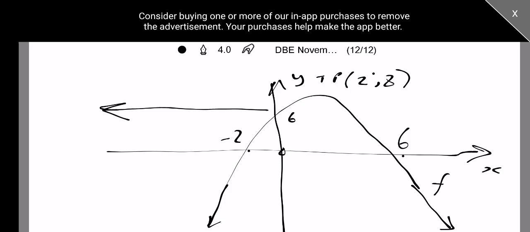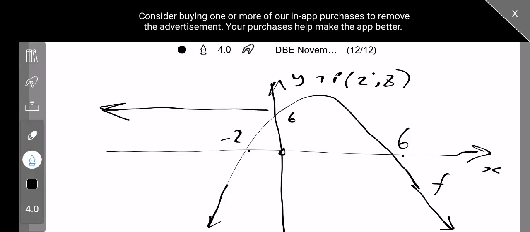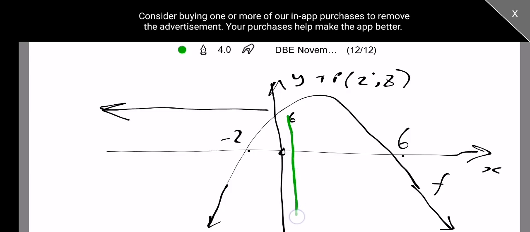Okay, let me just use a different color. Where y is less than 6, it is here. On the graph, the values of x where y is less than 6 are here. So the graph, remember, continues up to infinity.